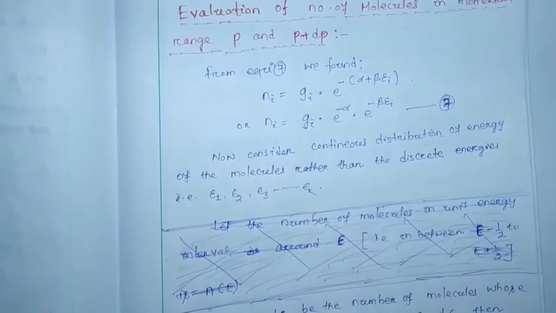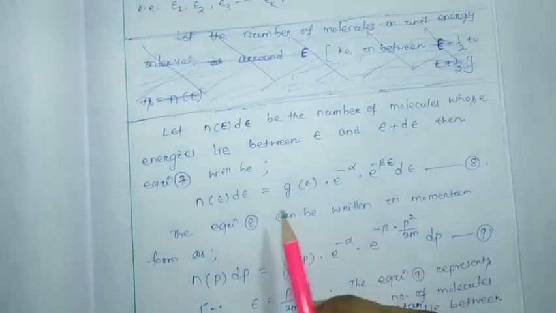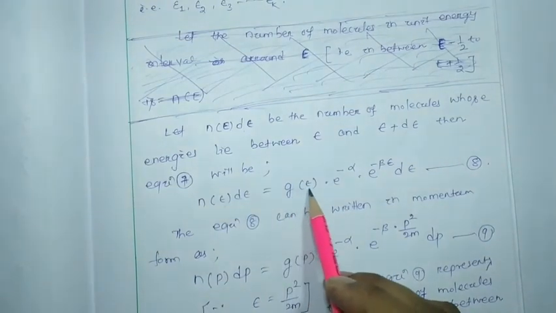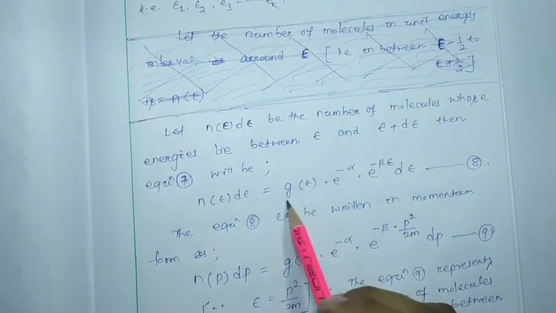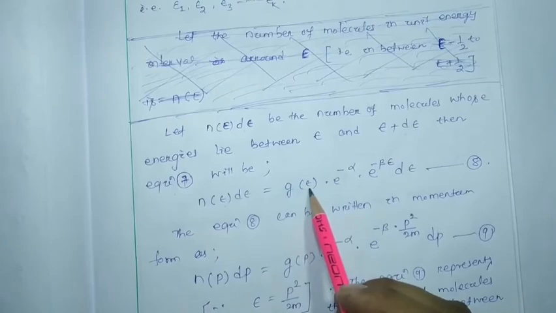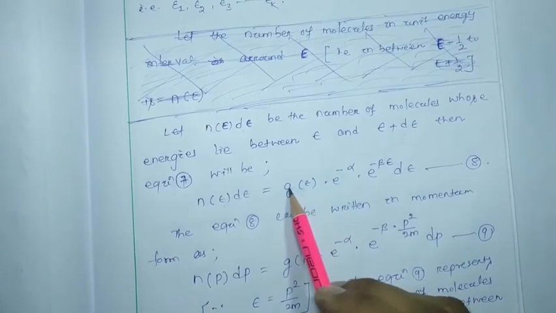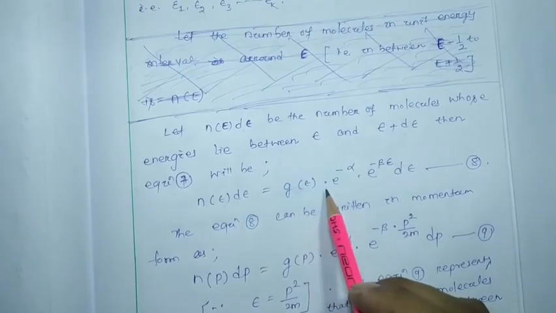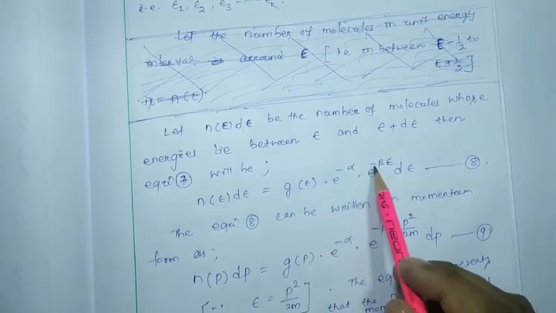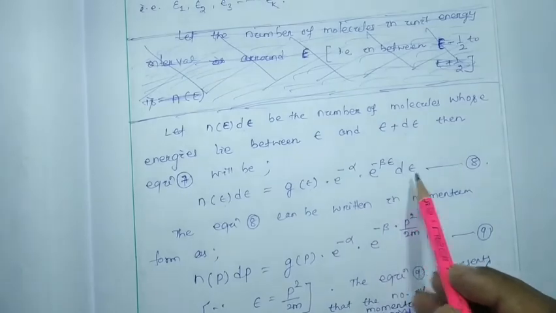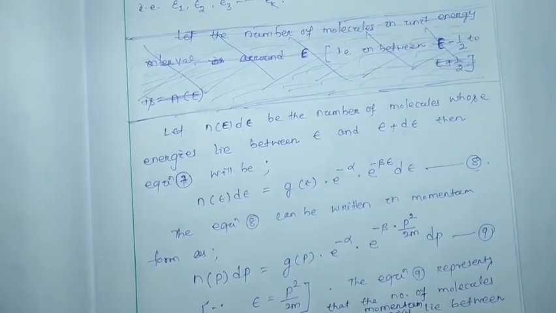As the energy is continuous, it will be g(epsilon), a function of energy, into e to the minus alpha e to the minus beta epsilon d epsilon. Let this be equation number 8.